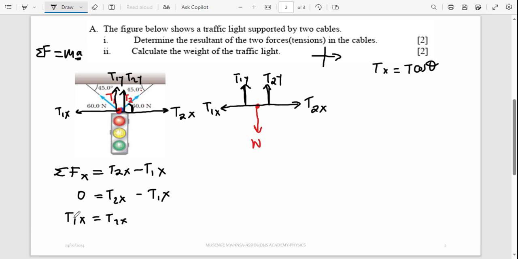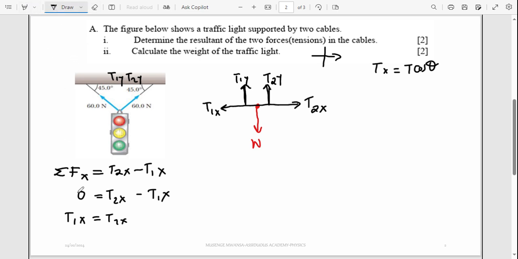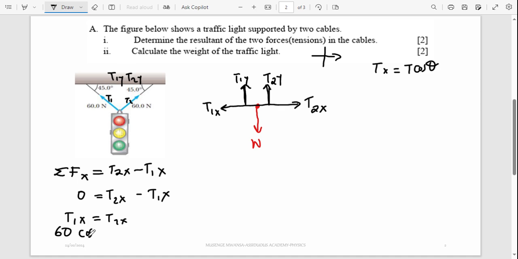But how do we find T1X? T1X is given by T1 cosine the angle theta. But what is T1? We can see, remember that T1 is this one, this is T2. So T1, the magnitude is 60 newtons. So that is going to be 60 cosine theta.